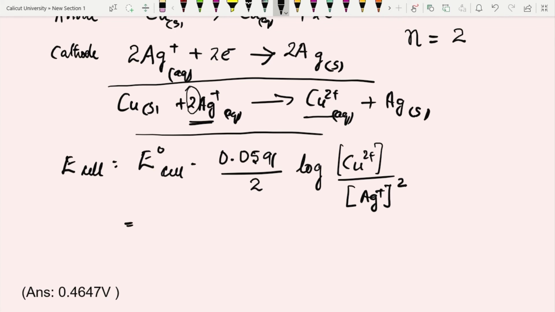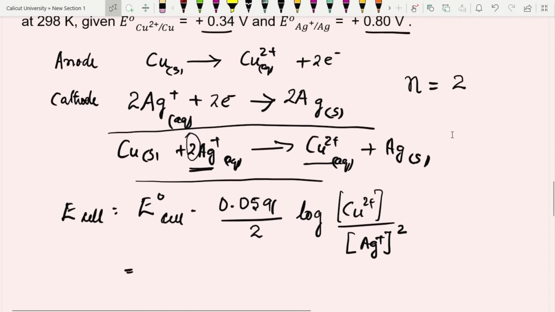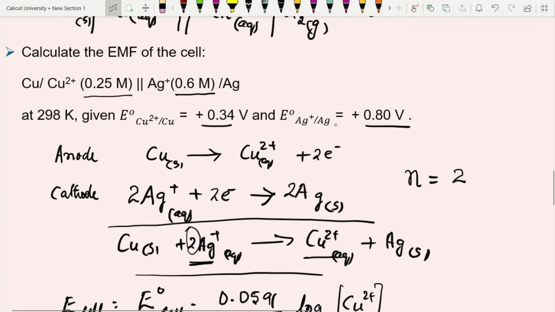Now, substitute the values. E naught for the cell has to be calculated. E naught cell is E naught of cathode minus E naught of anode. The cathode value is 0.80 minus 0.34. Okay.